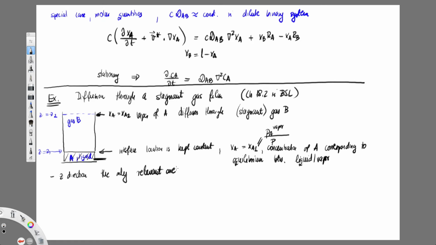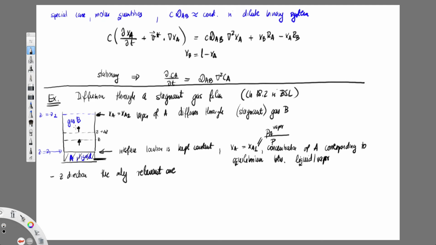So basically, if I have a shell, the shell looks something like this. So this is my z and z plus delta z. And there is stuff coming in here and going out here.